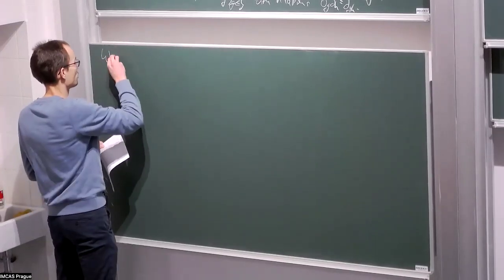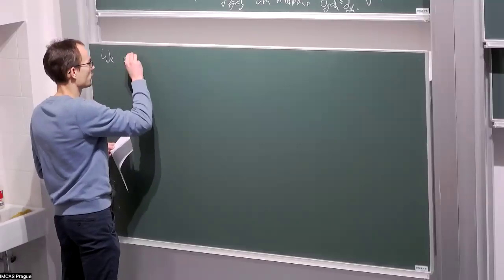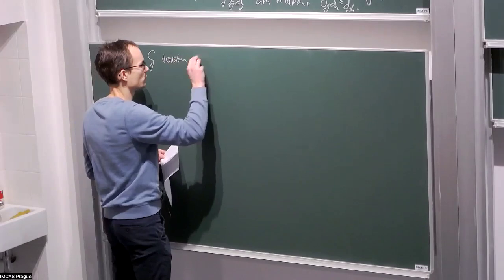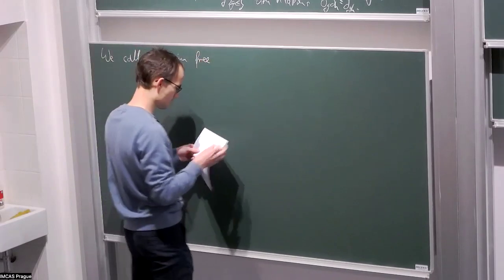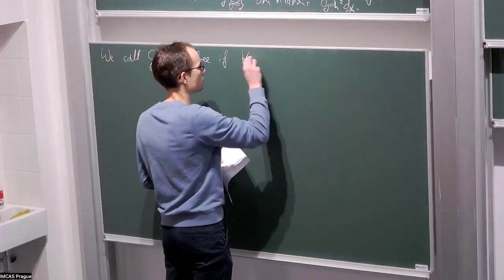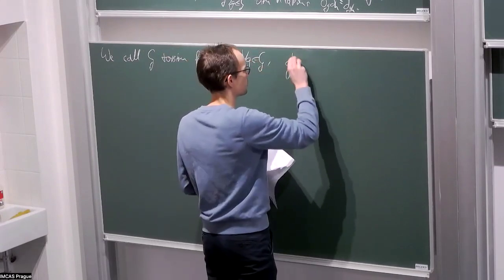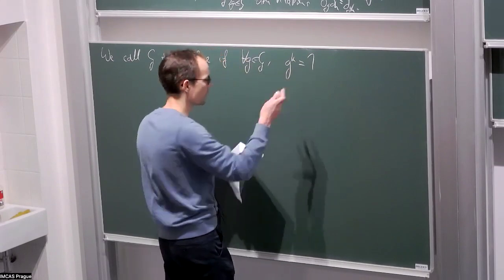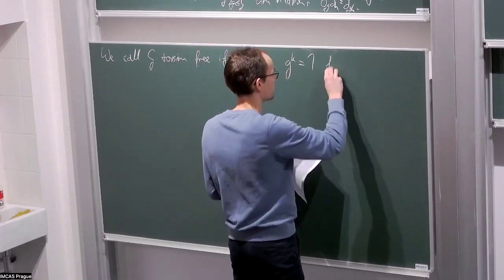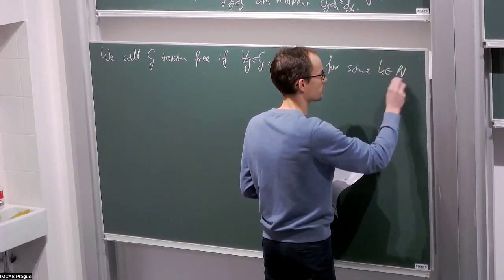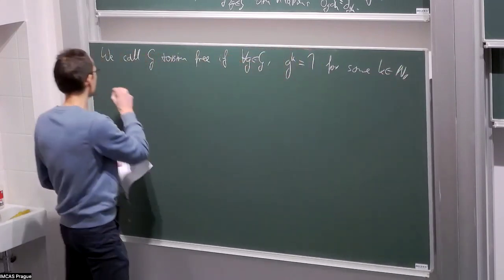So what does that mean? We call G torsion-free if for all g in G, g to the k can only be the identity for some k in the natural numbers if k is actually 0.